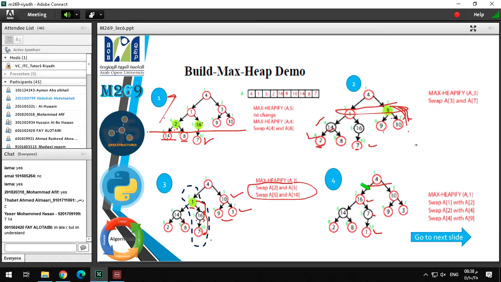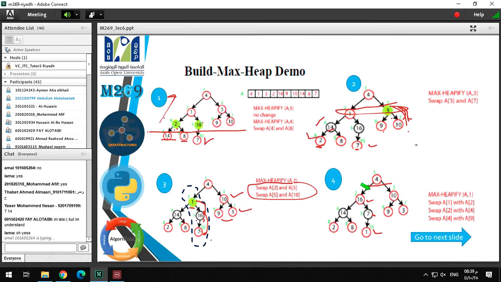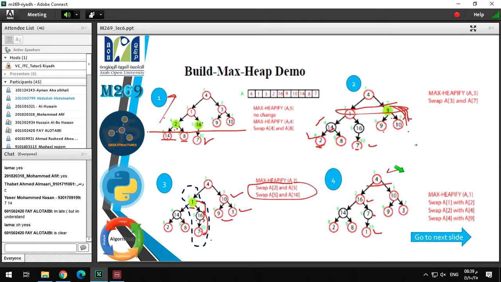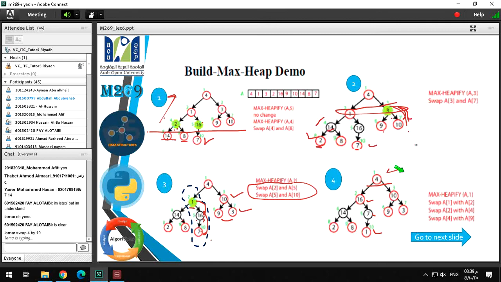Still have violation. Good. We have 4, right? We have the 4. 4 is still violating the root. We said we go from the half of the tree up to the root. Root is violating. So where should the root go?